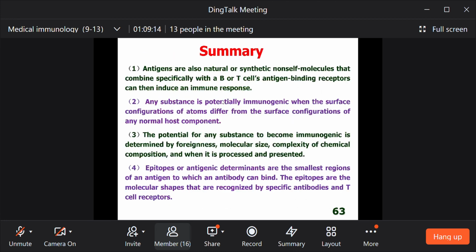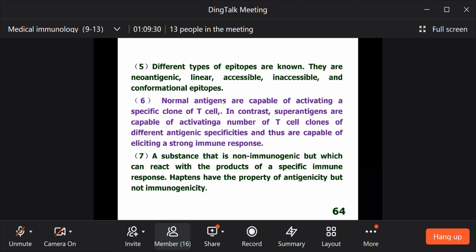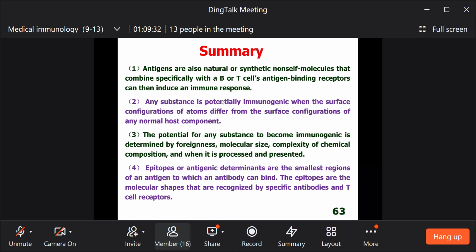Okay, at last we summarize the two classes, which contain maybe six or seven parts here.